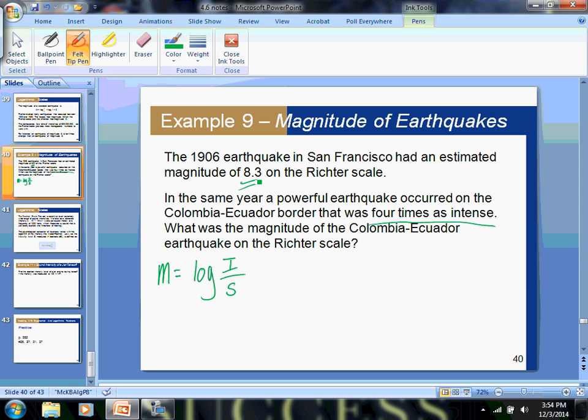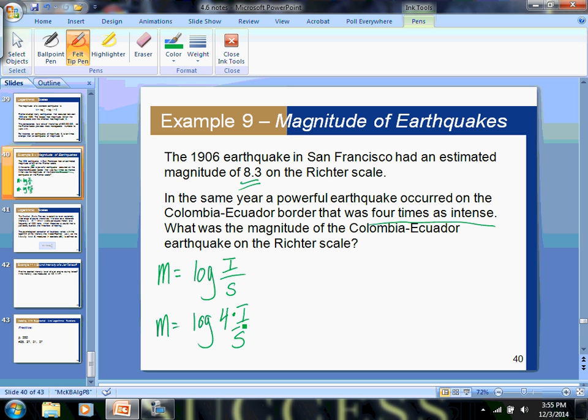But we have to modify this just a little bit because the Colombian one was 4 times as intense. So here's how we're going to modify this. If my intensity was originally I, the other one is going to be 4 times as intense. So I've got a 4 in there then for the Colombian one.